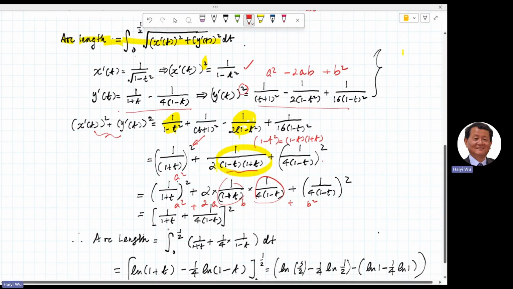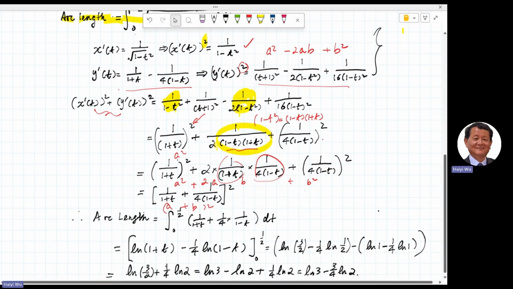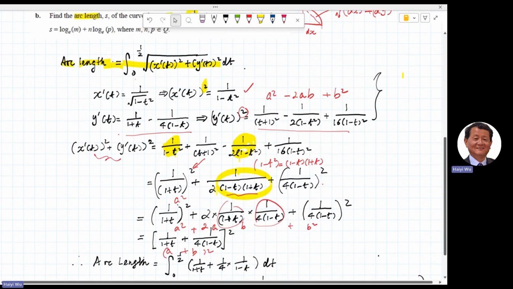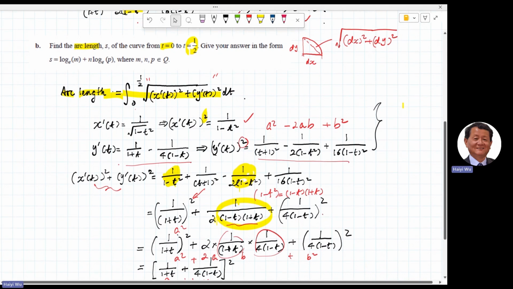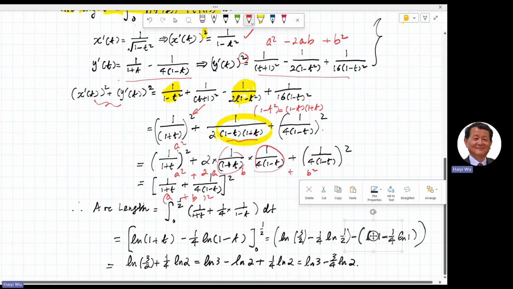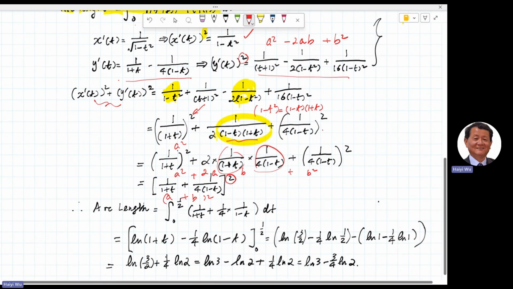So the answer will be (a plus b) squared. So that becomes a perfect square. Now why do I need a perfect square? Because there's a square root here. The square root of an integral like this is very difficult to do, so we must make sure we can cancel it out. So we need a perfect square.